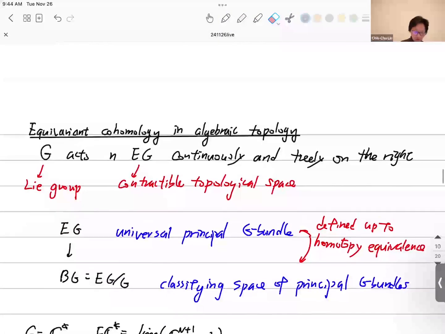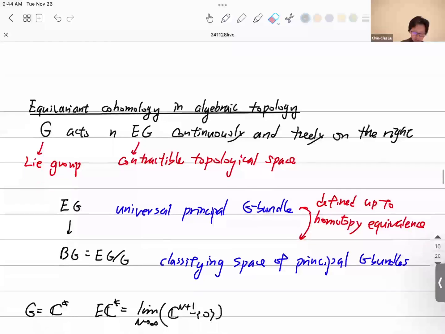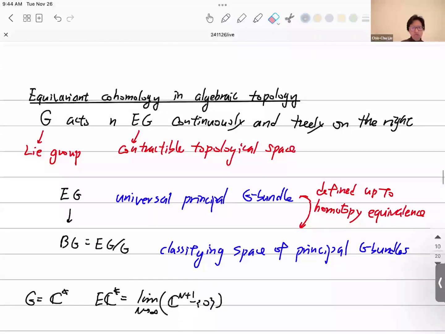But this review, I will actually do using algebraic topology. I hope it's okay. So let's go to a more general setting, like in algebraic topology. G is some Lie group. Suppose that it acts on some contractible topological space continuously and freely on the right.